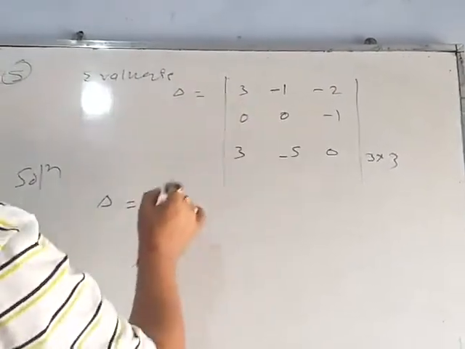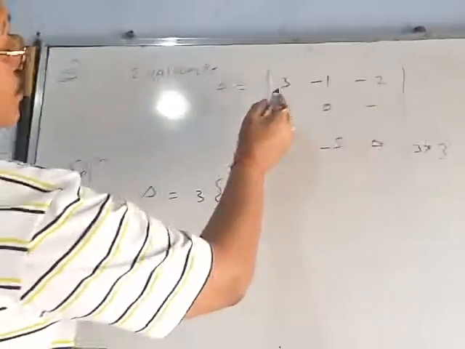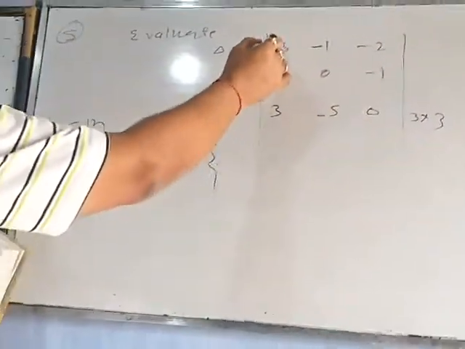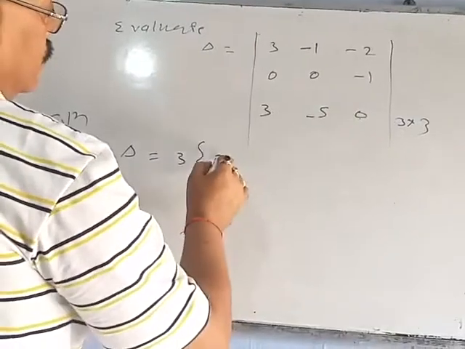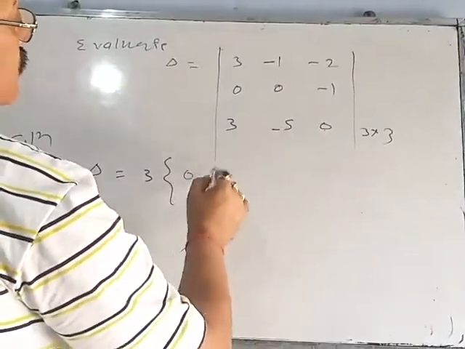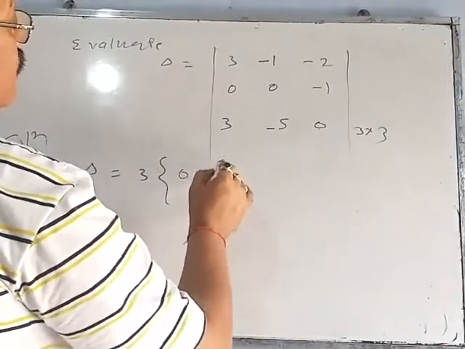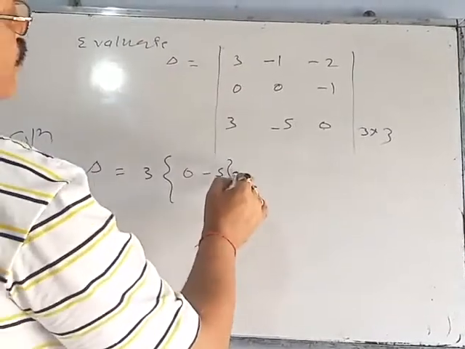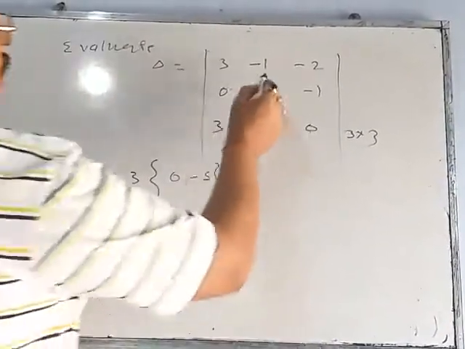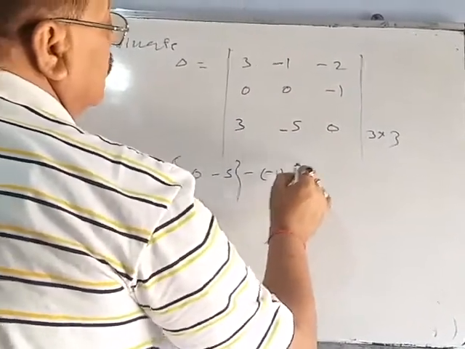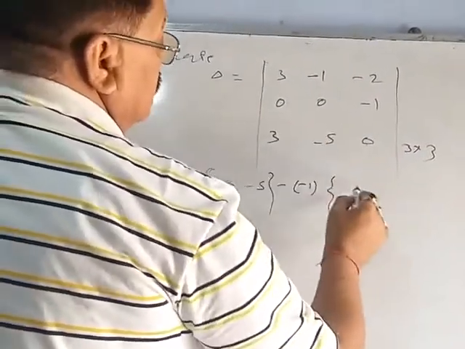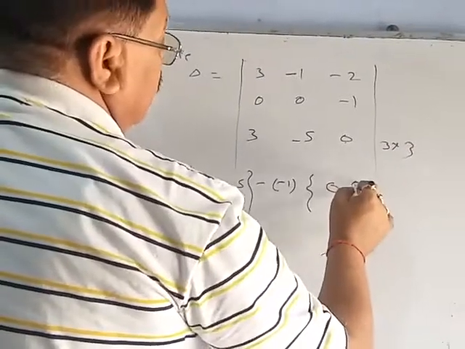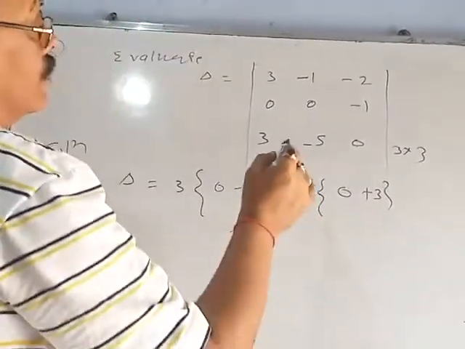So the solution: you take 3, and this row and this column will be deleted, so 0 into 0 minus minus 5 into 0. Here put the minus sign and minus 1, so this row and column cancel, 0 and plus 3 into minus 2.